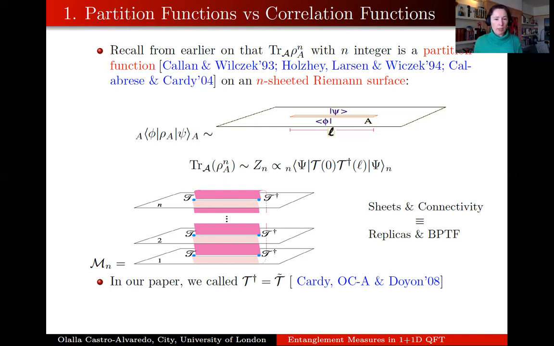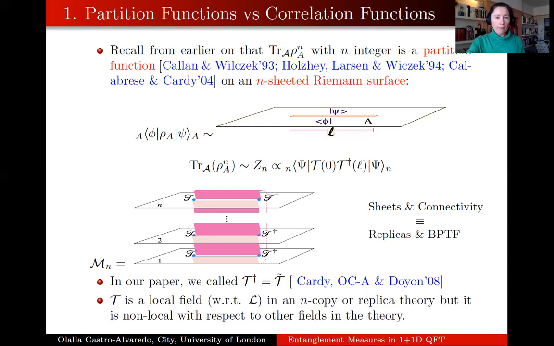And in there, actually, the field that I call here T dagger, we call T tilde. So I tell you in case you look at the paper. So T is a local field in this replica theory, in the n-copy theory, with respect to the Lagrangian of this copy theory, but it's non-local with respect to other fields in the theory. And it is that non-locality that reproduces the structure of this Riemann surface here.